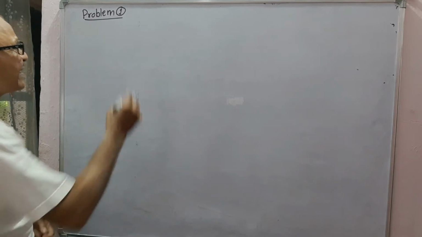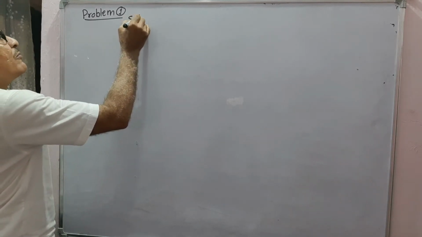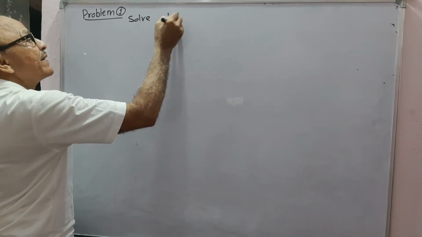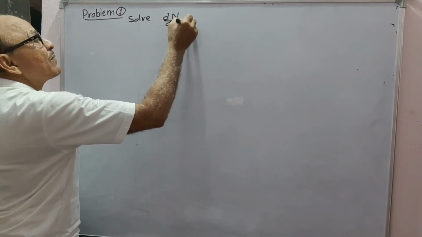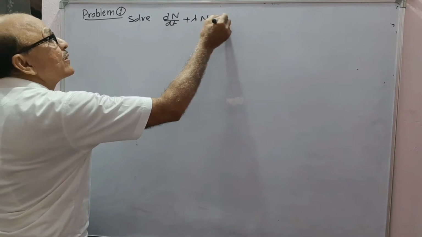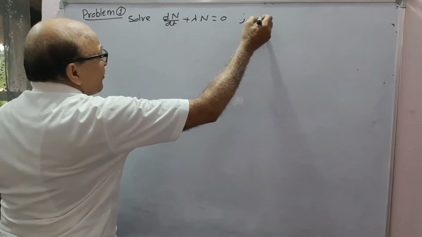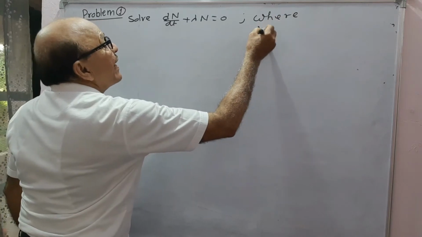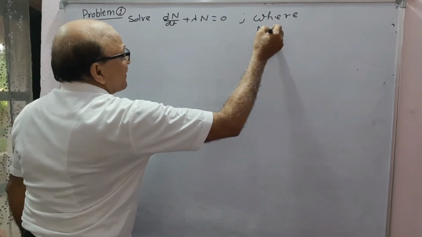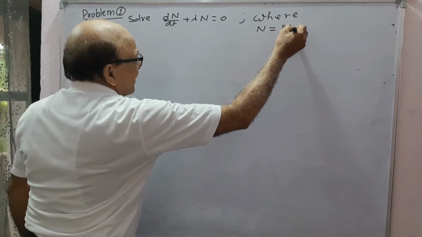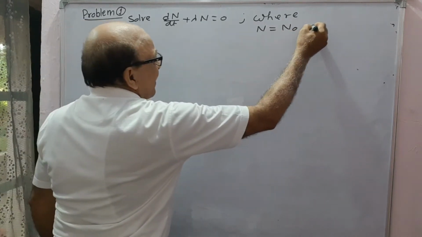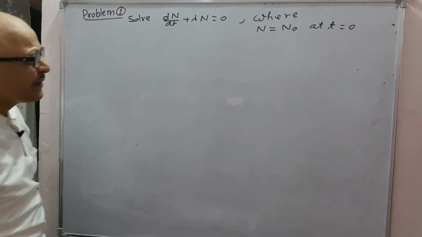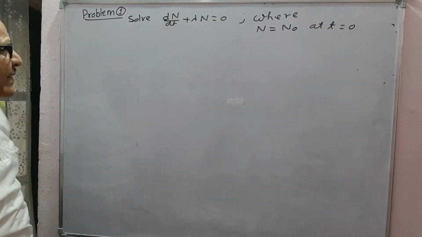Problem number 1 is: solve dn upon dt plus lambda n is equal to 0, where n is n naught at t is equal to 0. This is the initial condition.